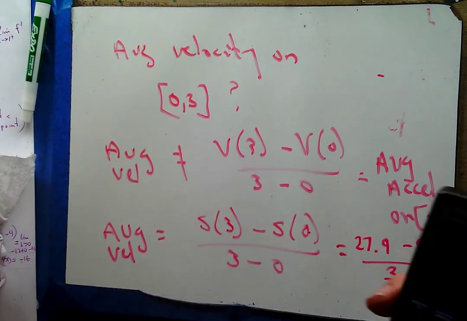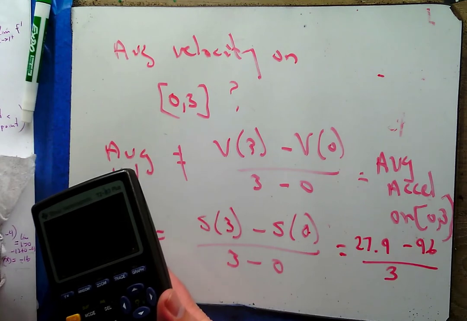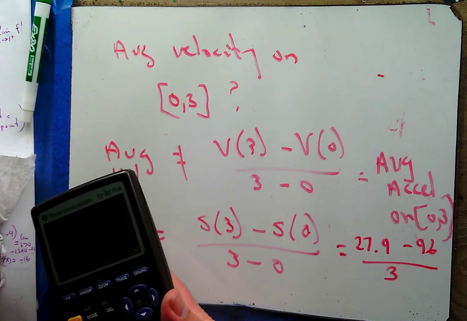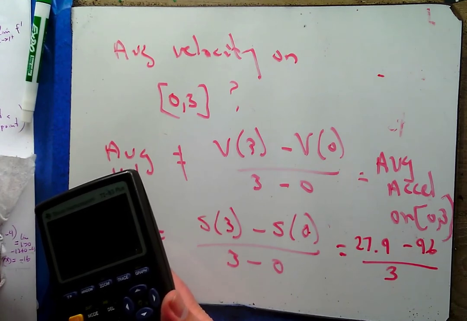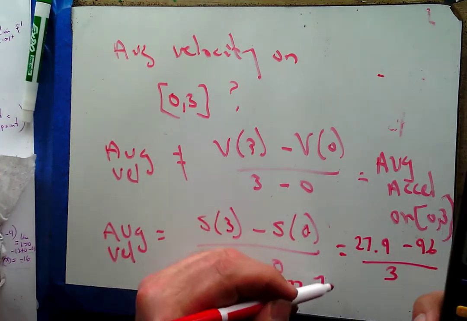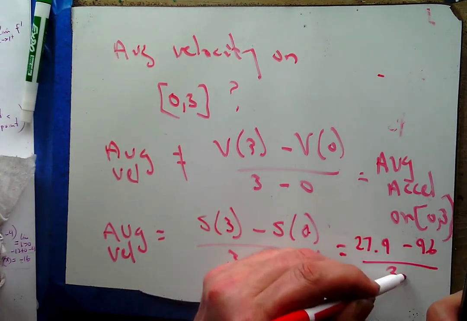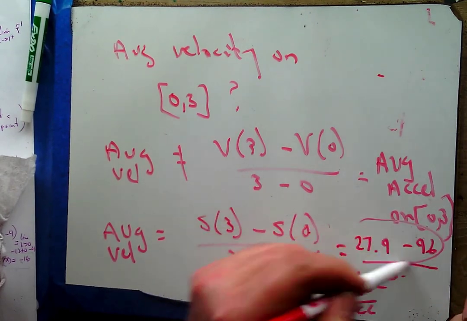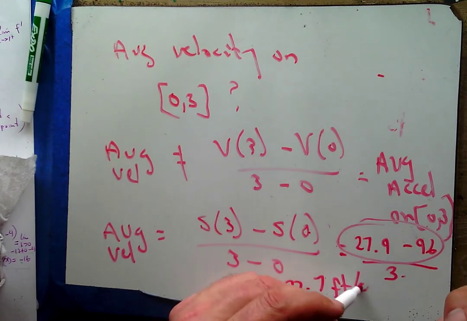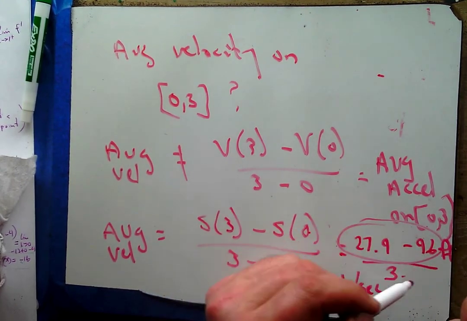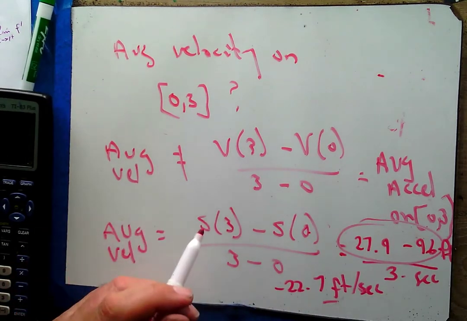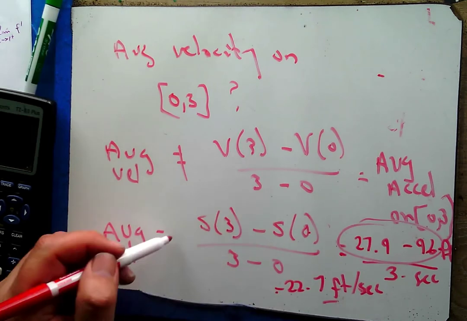Okay, so 27.9 minus 96, divided by 3, and I get negative 22.7. Remember, these are feet on top, seconds on the bottom, so I get negative 22.7 feet per second. Negative tells me that I'm moving down.